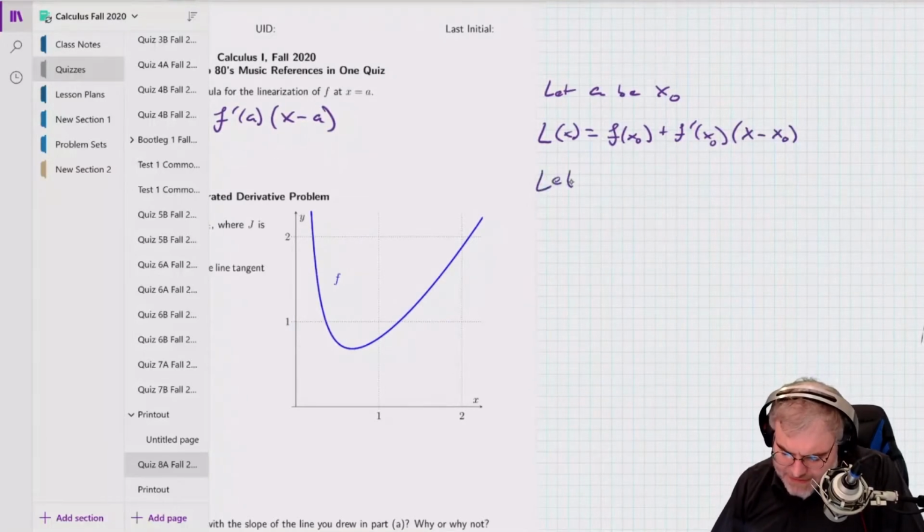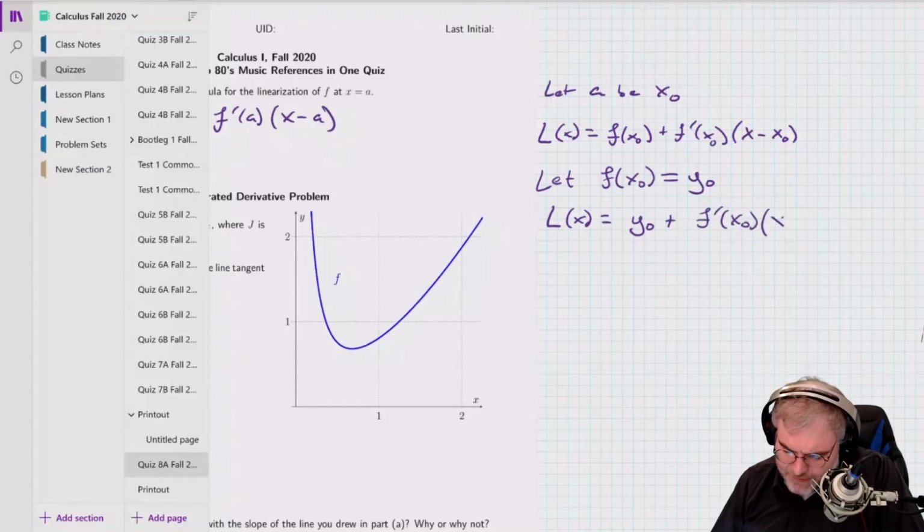So let's let F of X naught equal Y naught. And that gives me L of X equals Y naught plus F prime of X naught times X minus X naught.